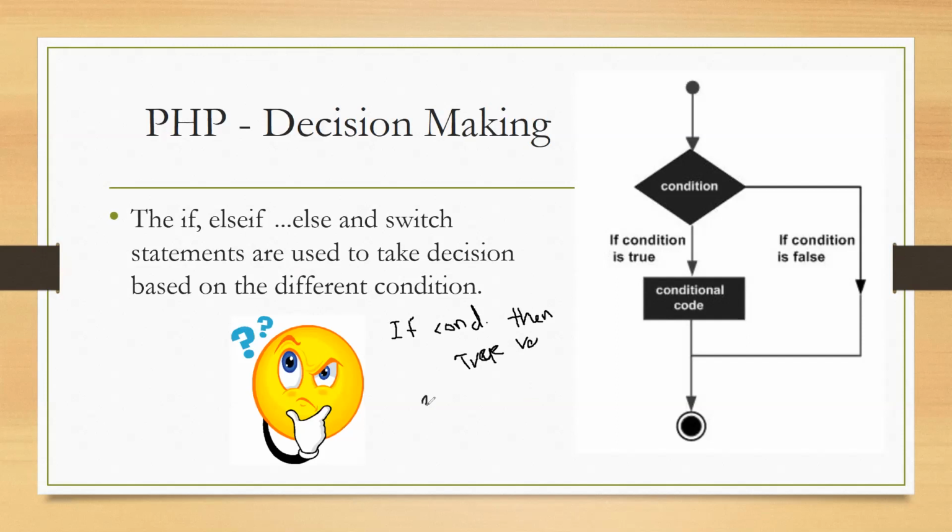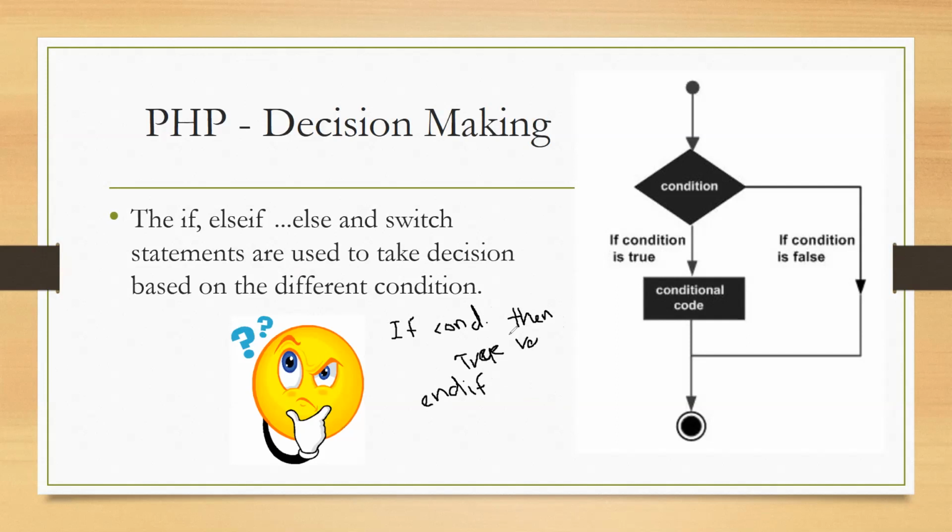Then after that we have to put end if. When the condition is false, nothing happens. I think you can remember this is one of the simple selections. End if. Here there is no else part.